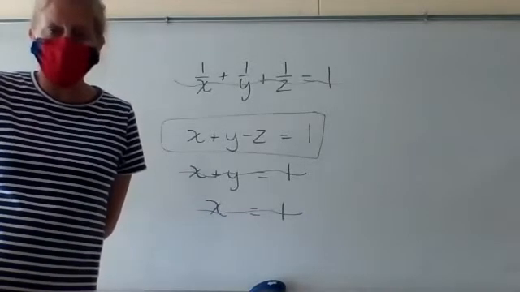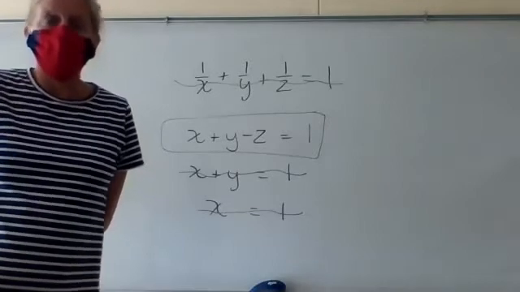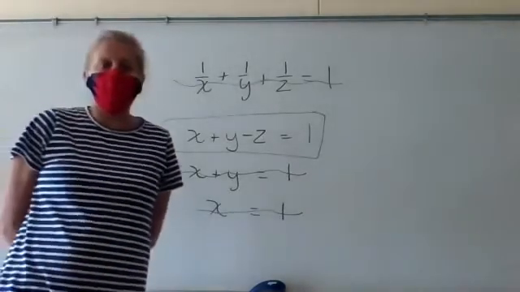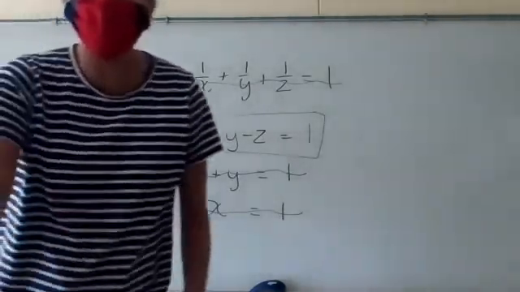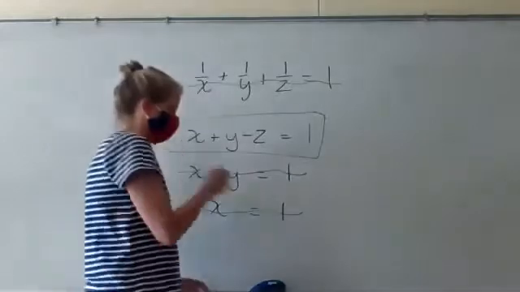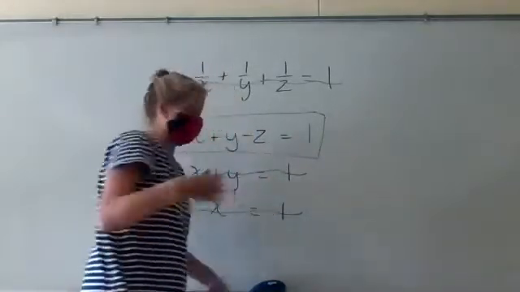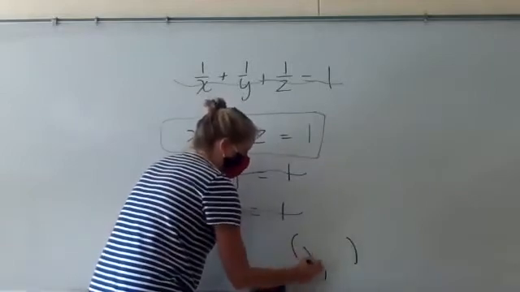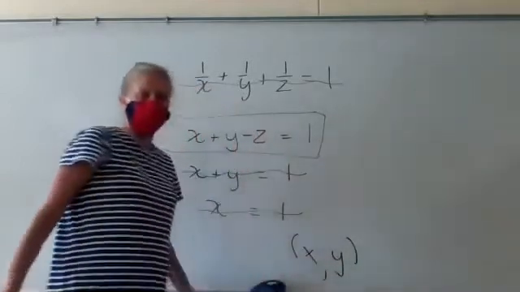Now, number 6 shows what an answer to this kind of problem should look like. Remember when we were doing the 2 equations in 2 variables where there was just an x and a y? Your answer was an ordered pair with the x answer there and the y answer there.